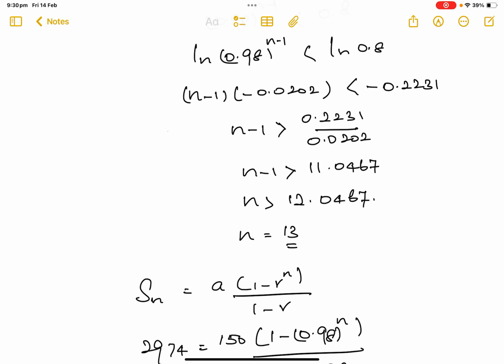Then from that, the minus signs cancel, but we can't just cancel them in an inequality. If you multiply both sides by minus, the sign will change. So n minus 1 is greater than 0.2231 divided by 0.0202.